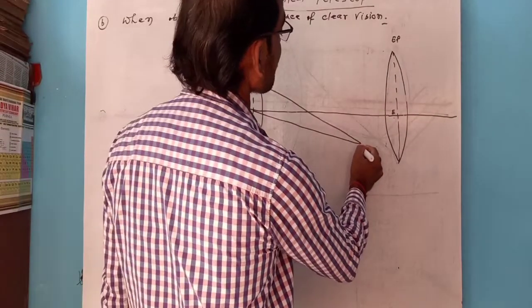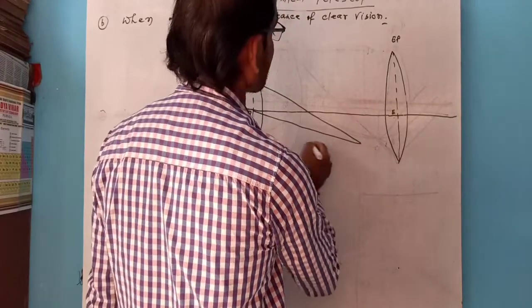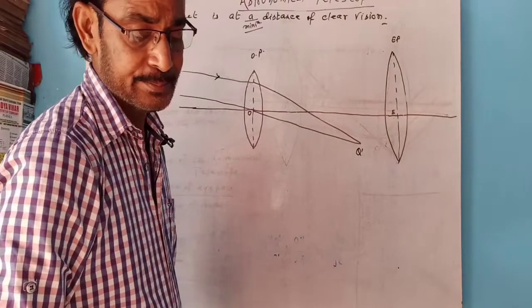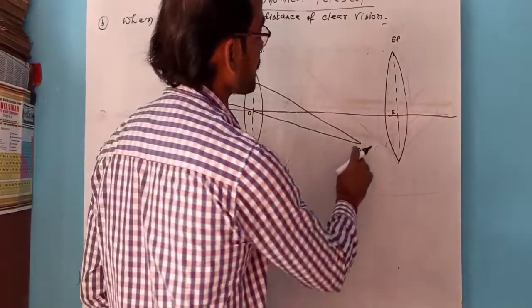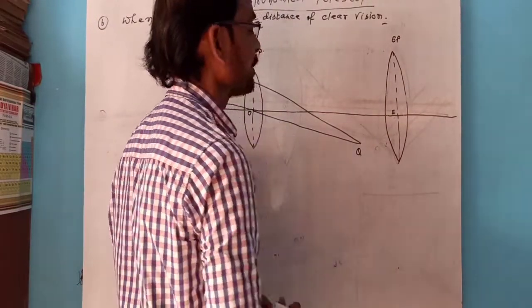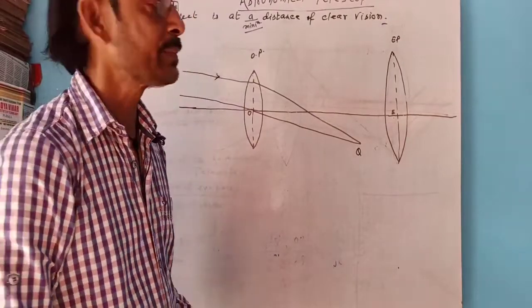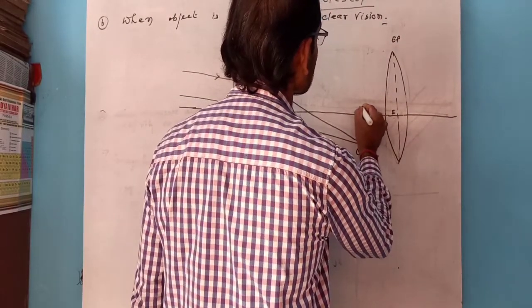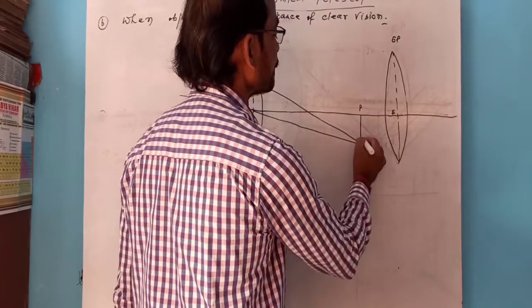The point where both refracting rays meet together makes point Q, and a perpendicular PQ is drawn on the principal axis.